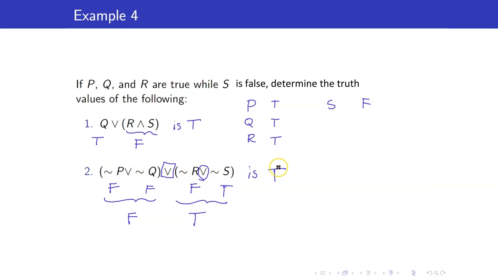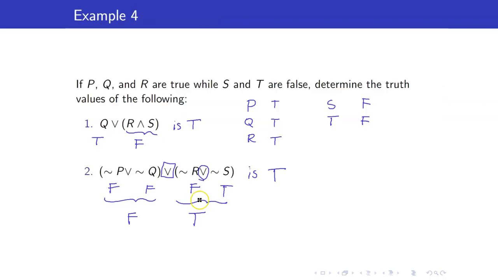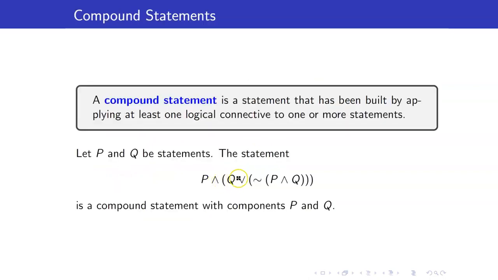In these examples, we are actually discussing compound statements. What are compound statements? These are just statements that have been built by applying at least one logical connective to one or more statements. In our previous examples, we combined Q, R, and S using the logical connectives OR and AND. For example, let P and Q be statements.